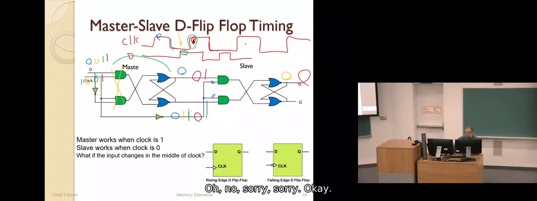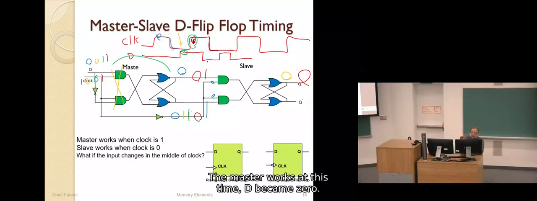Oh no, sorry. Before the clock getting low, before the clock becomes 0, we see D became 0. D became 0, and clock is still 1. Okay? So it means that the master works. Before clock became 0, the master works.